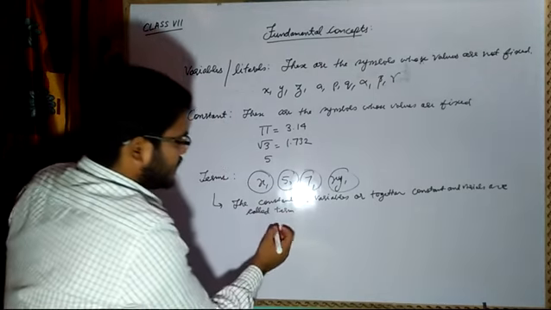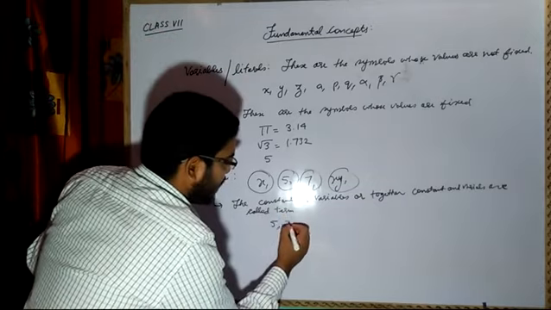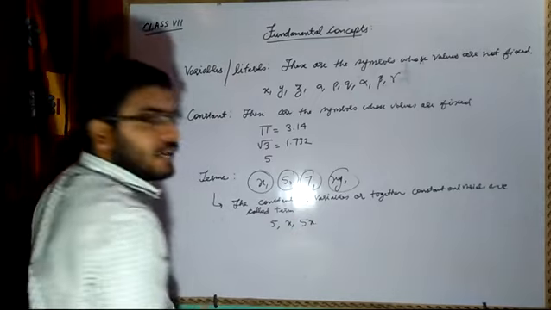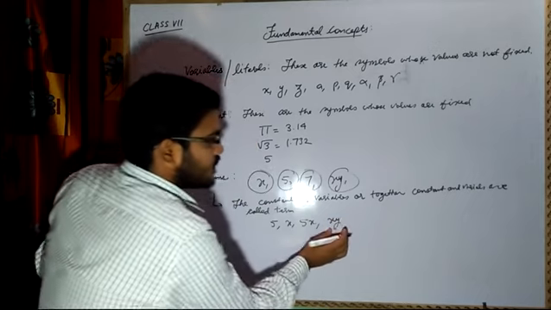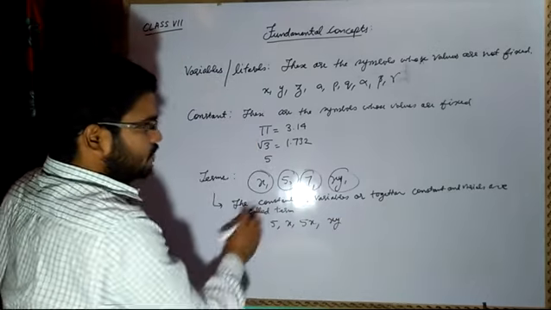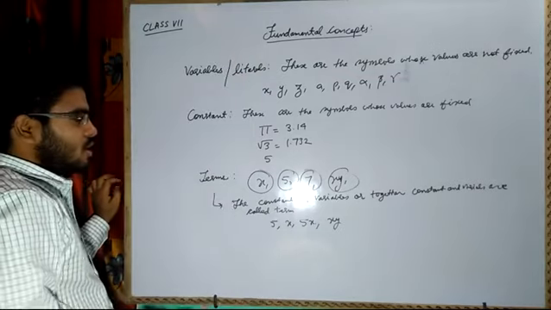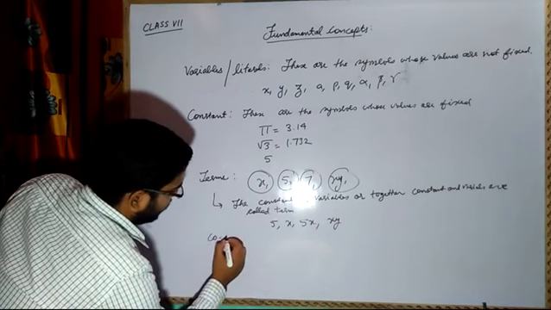For example, if I say 5, 5 is a term. If I say x, x is a term. Then if I write 5x, again it is a term. Now if I say xy, this is one term, 1 and 1. So all these are called terms. I hope it is clear. Now the terms contain a coefficient.